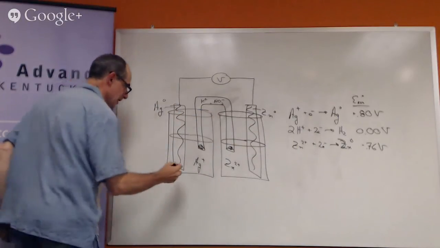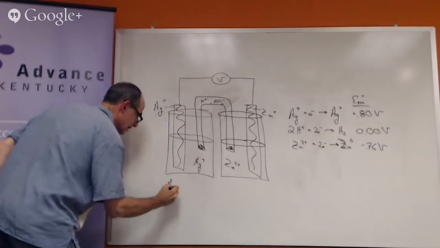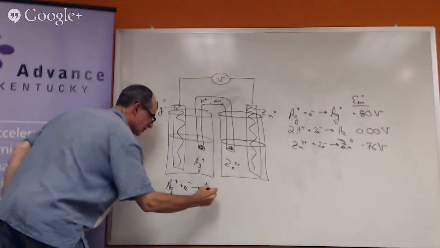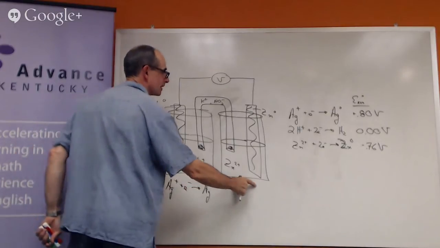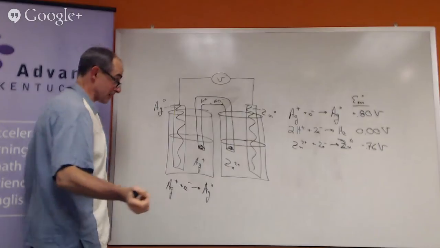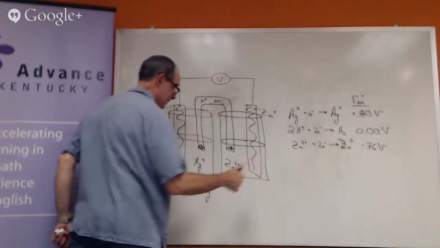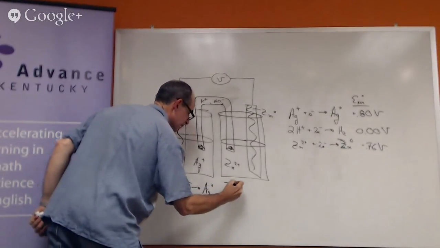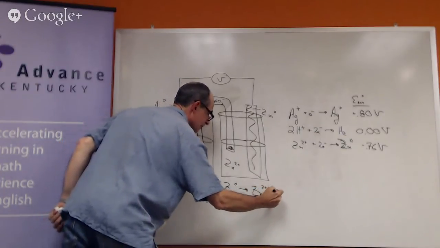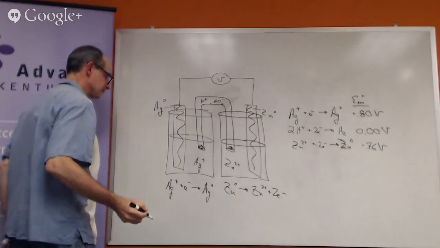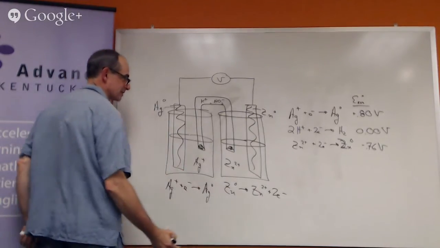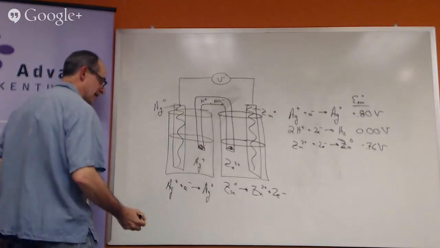So we're going to have our reduction occur over here, Ag plus 1 electron going to Ag naught, and over here you can't have 2 reductions occurring at the same time, so we're going to have to flip this around and make it an oxidation: zinc atoms will become zinc ions by losing 2 electrons. And now we've got the reduction half reaction and the oxidation half reaction.